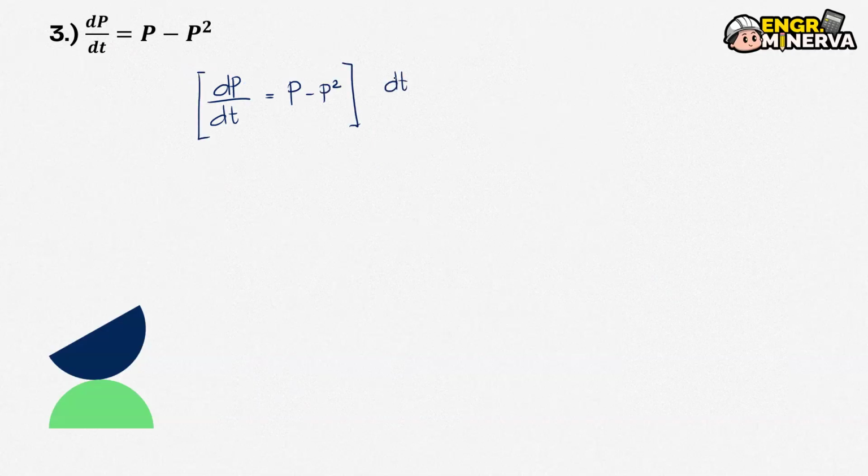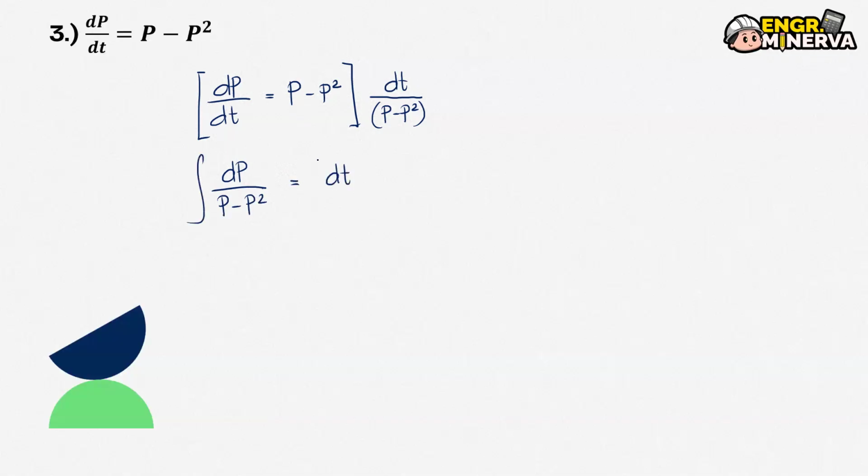First, we multiply dt so that we can eliminate any differentials under the fraction bar. Then we divide by p minus p squared. Again, p here is a variable, not a constant. P is our dependent variable. So our result would be dp over p minus p squared equals dt.